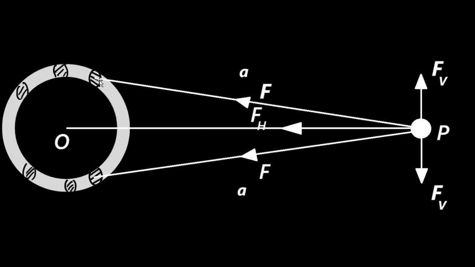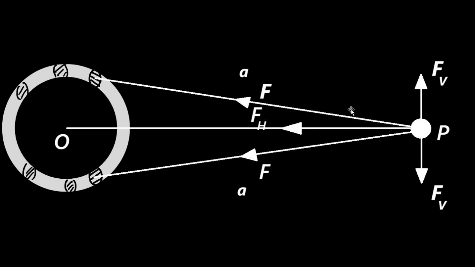These portions will exert gravitational force on this point mass. Let the force from these small mass portions be F. It will act along these directions. The gravitational force is exerted by these small mass portions on point P. Both these forces will have the same magnitude, because the mass portions are equal, but they act along different directions.